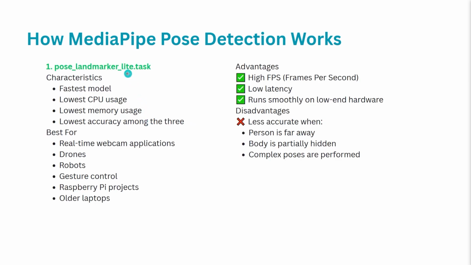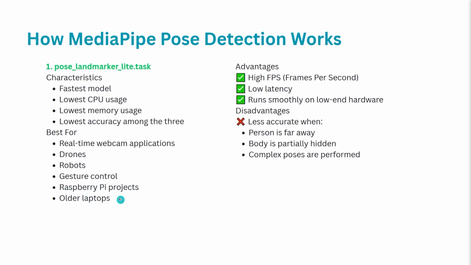If we talk about the light version of the pose landmarker task file, its characteristics are that it is the fastest model, with the lowest CPU usage and lowest memory usage. Also, it provides the lowest accuracy among the three. It is best for real-time webcam applications, drones, robots, gesture control, Raspberry Pi projects and old laptops.